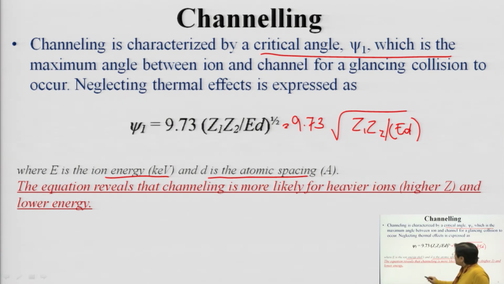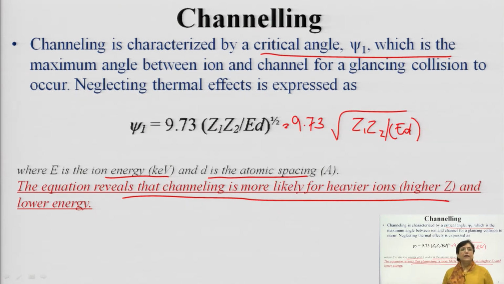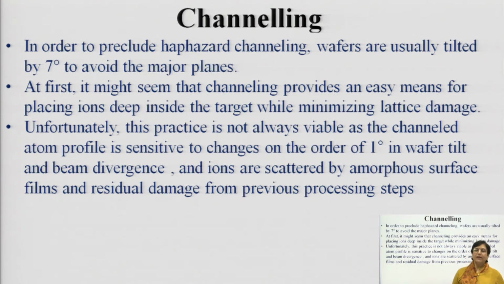The equation reveals that channeling is more likely for heavy ions, that is higher Z, and for lower energy ions. That means when high energy particles are striking, there is more tendency for channeling to happen in the ion implantation profile.